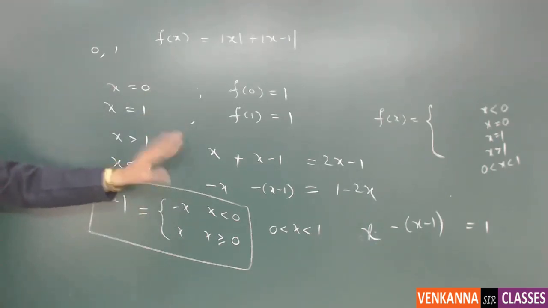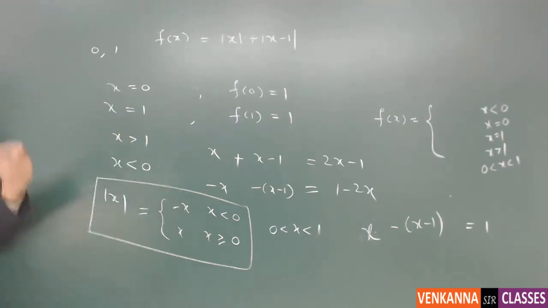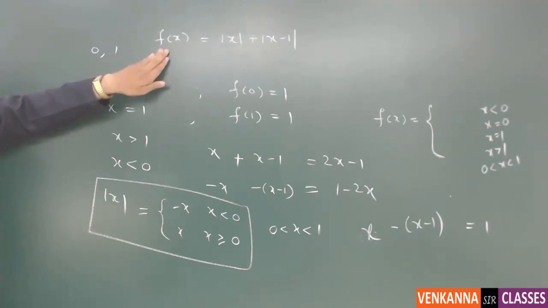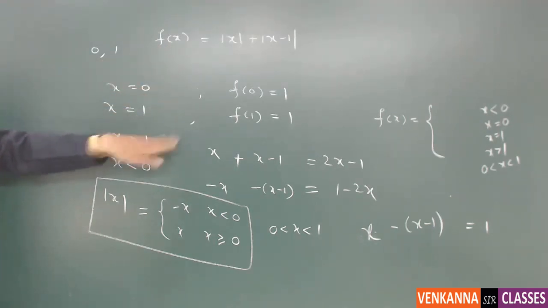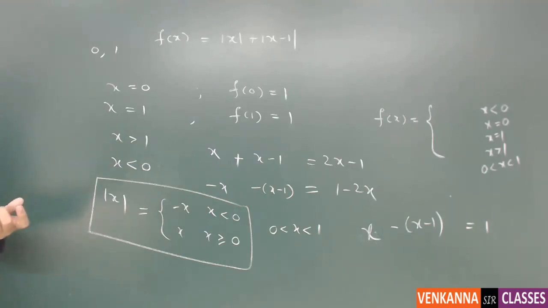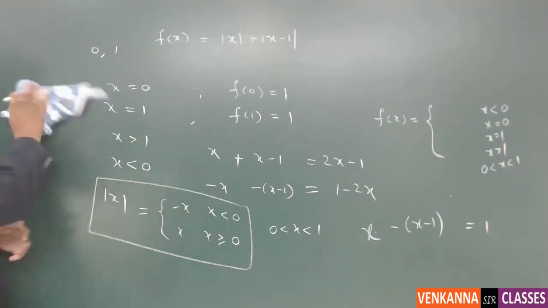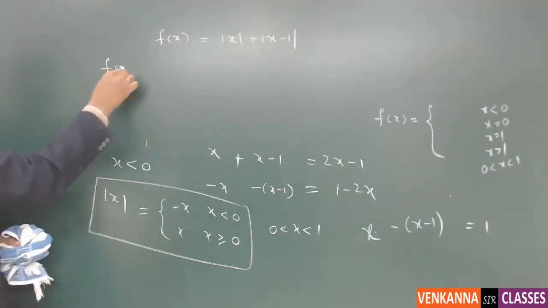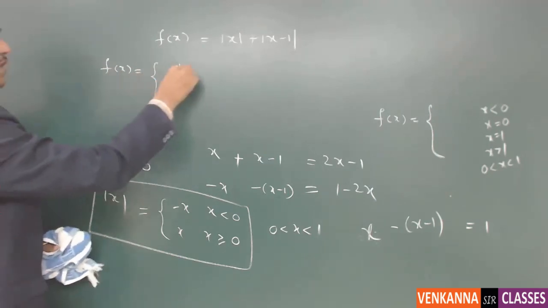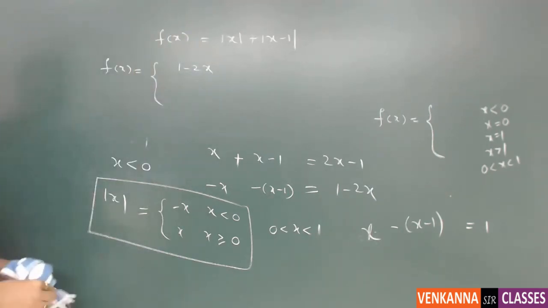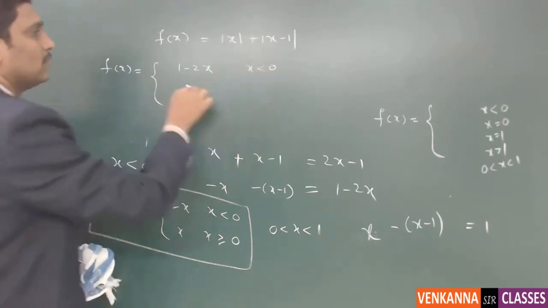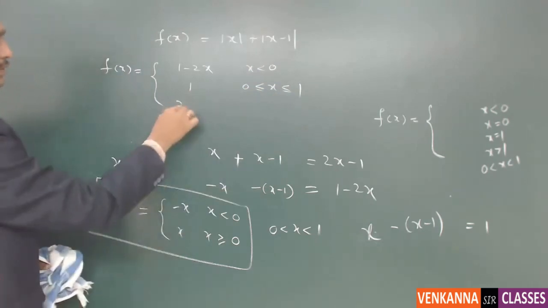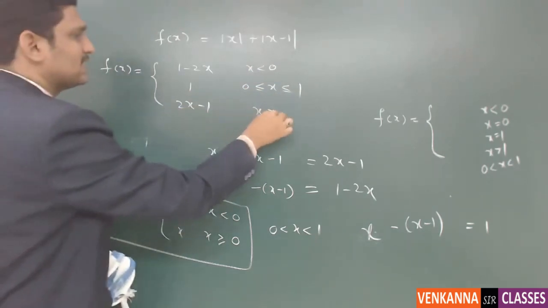You are going to do this calculation on a rough part, and while writing on paper, we will write the functional values of f as f of x equals 1 minus 2x if x is less than 0, 1 if 0 is less than or equal to x less than or equal to 1, 2x minus 1 if x is greater than 1.